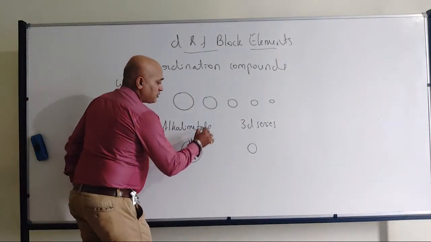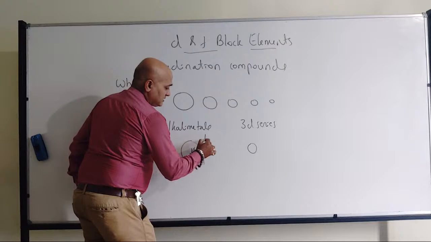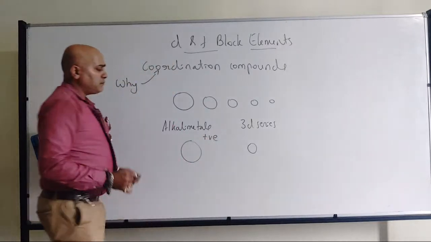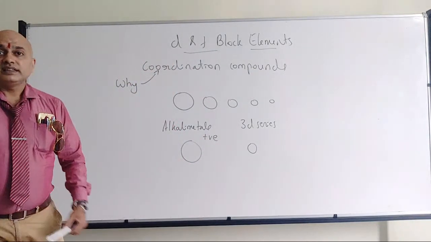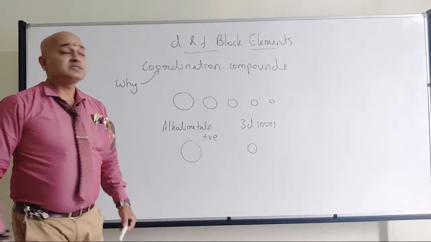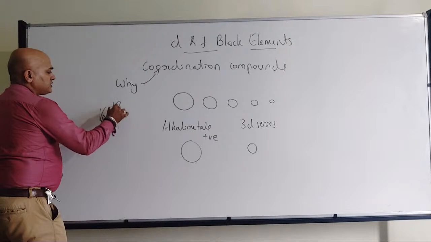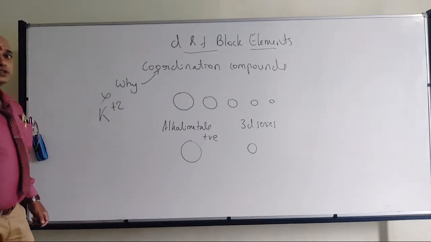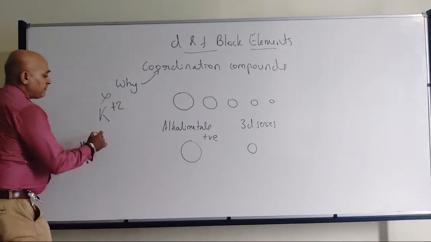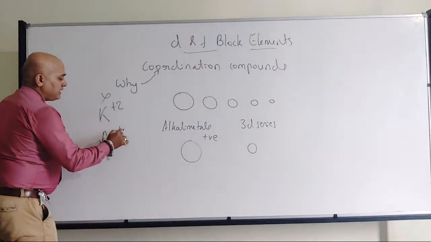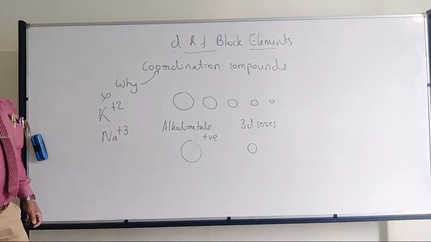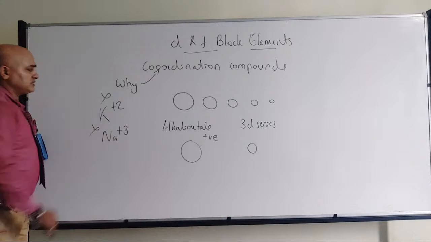Next, alkali metals will carry a single positive charge. We don't have a compound where potassium will be +2. No chance. We don't have a compound where sodium will be +3. It's not at all possible.